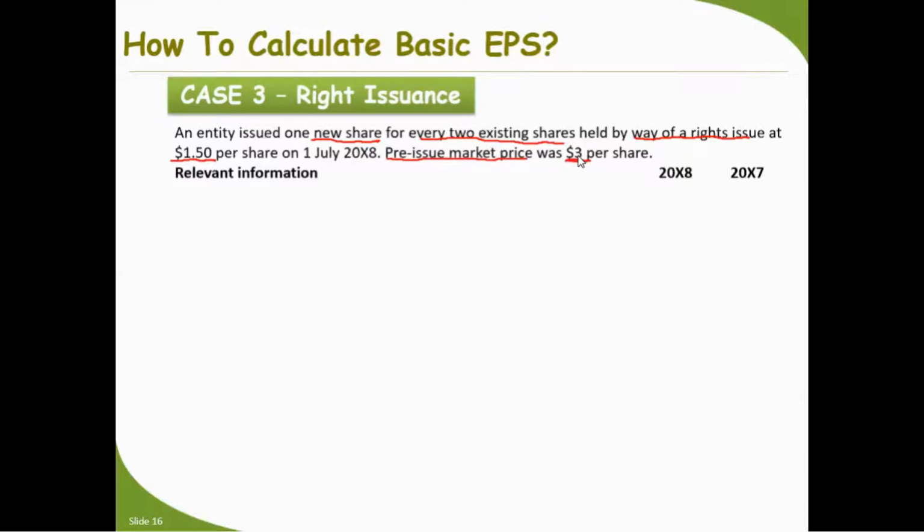As I discussed earlier, right issuance will always be done at a price lower than market price. Here it is evident that it is issued at 1.5 and the market price before issuance of right shares was 3.